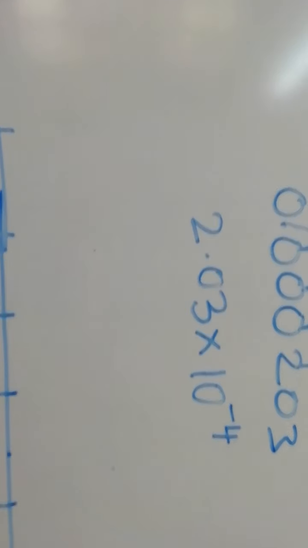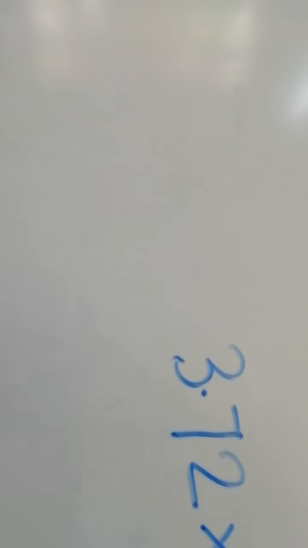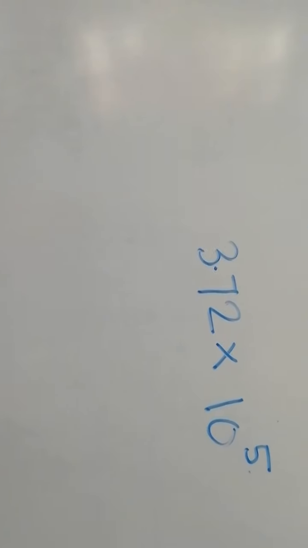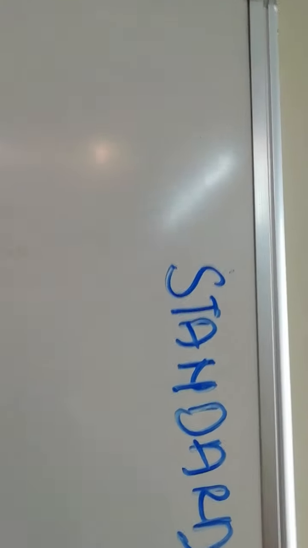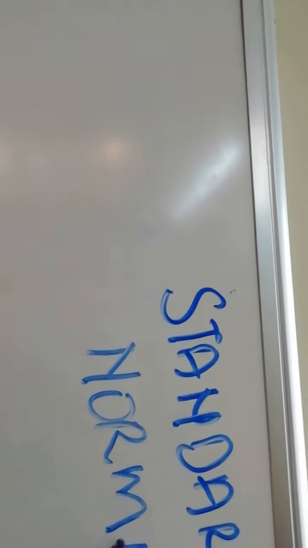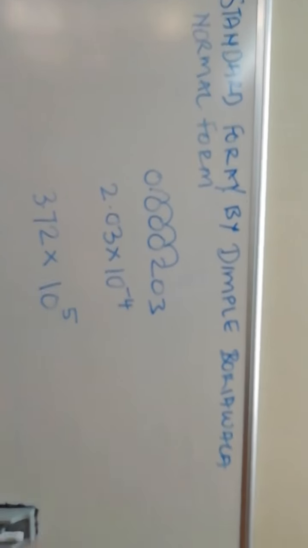Now if there is a number like this, 3.72 into 10 power 5. I have to convert this standard form into normal form. So let me write here standard form as well as normal form.